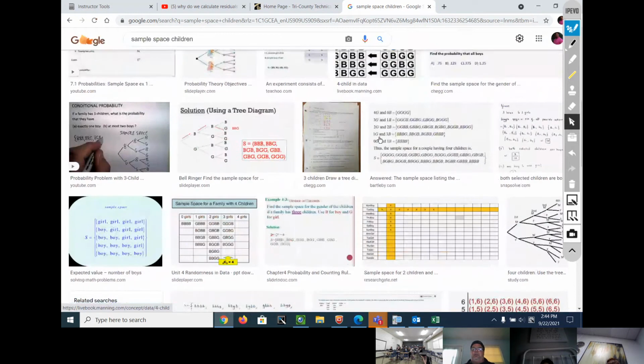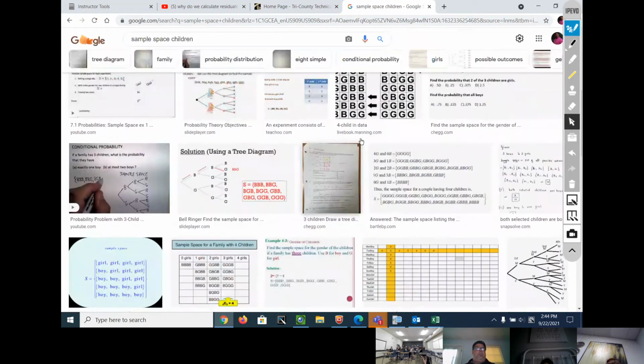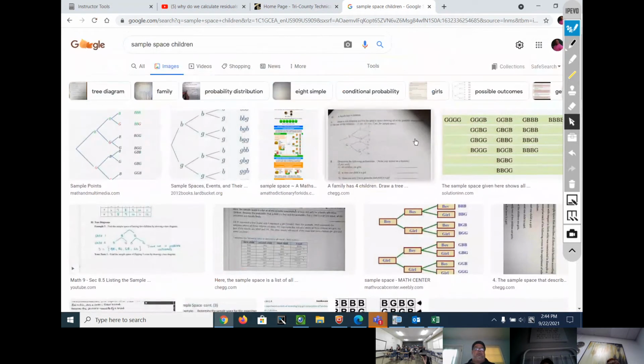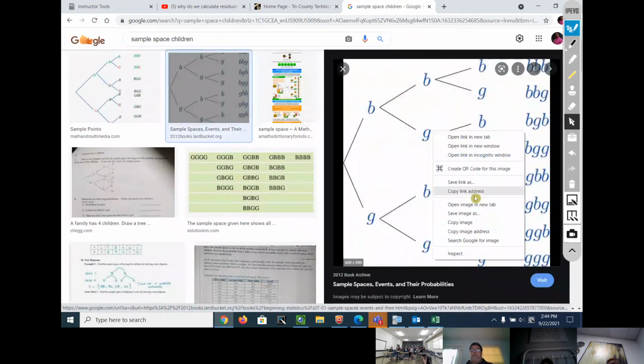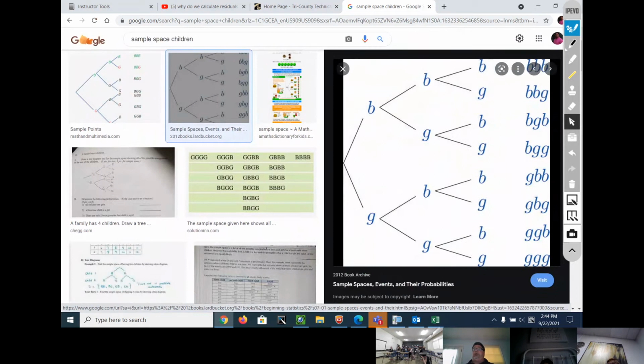And let's find 3. Here's 3 children. And I'm going to copy that. Copy image. And I'm going to send that to y'all right now. You can use it if you want to. I can't send a picture.